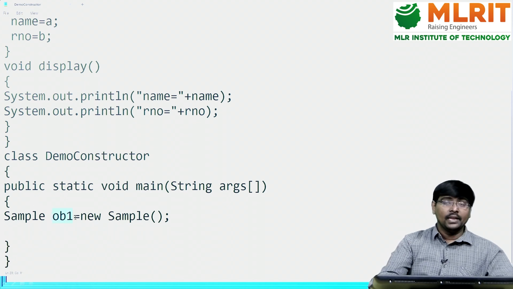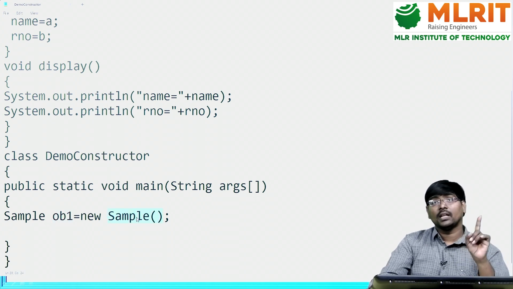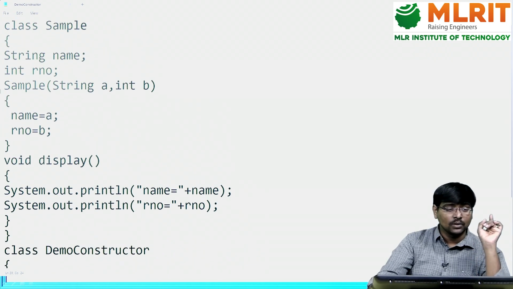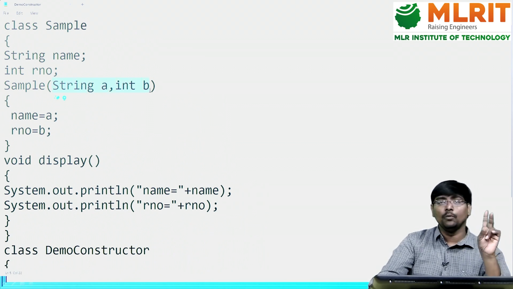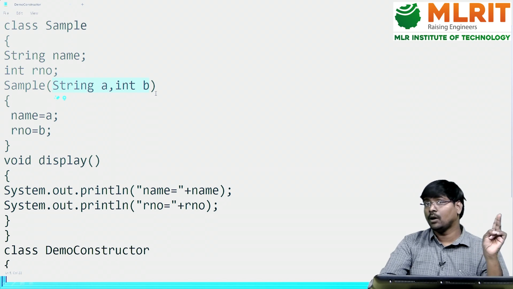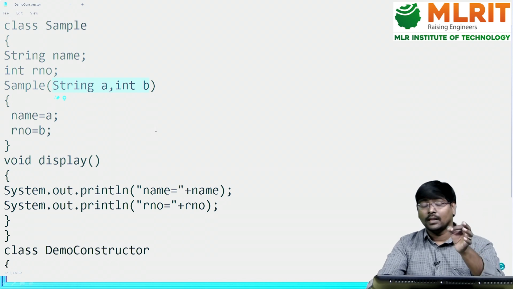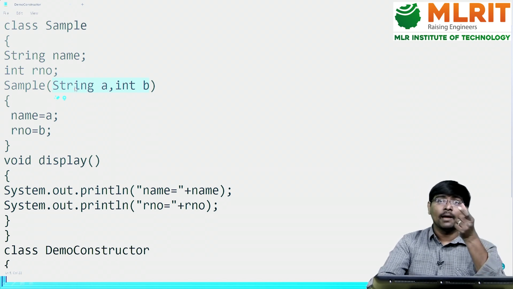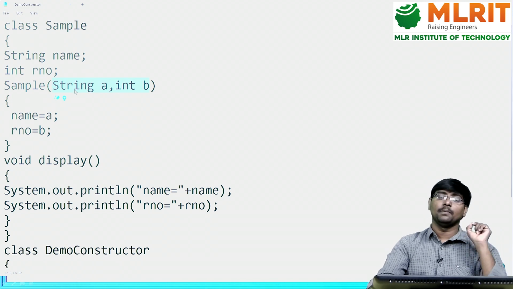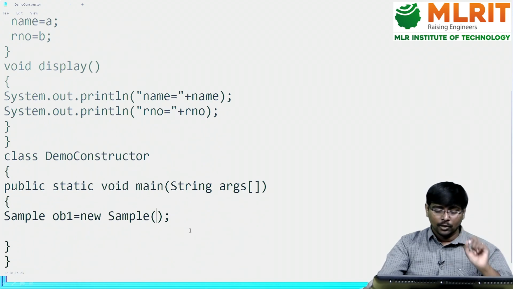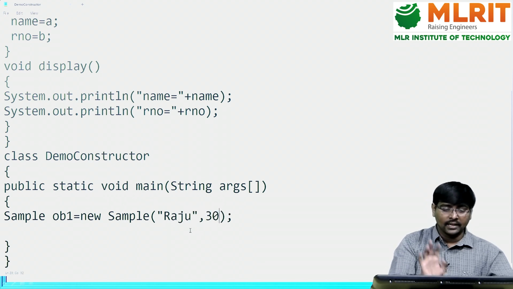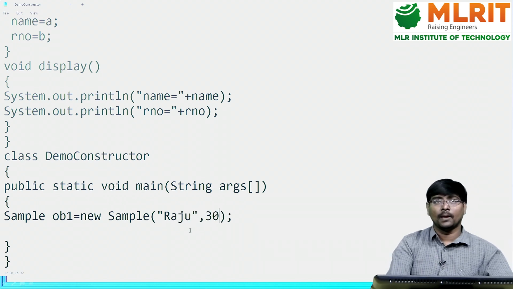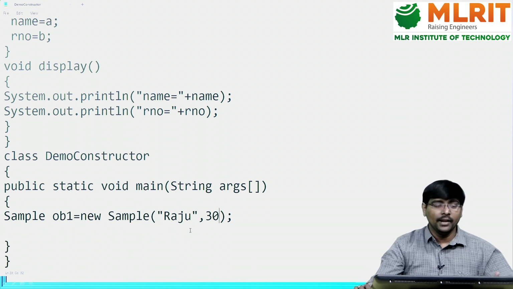Now, here what happened? You are creating an object, sample of, the constructor is executed. But here see this one, the sample constructor consists of two parameters. You got the point? Whenever you are calling, you need to check the number of parameters and type of parameters. So, two parameters. The first one is a string and the second one is the roll number.